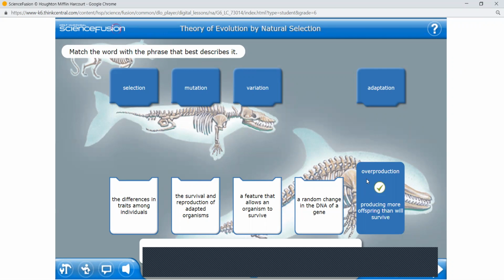Next, a random change in the DNA of a gene. It is a simple random change in the DNA of a gene. Adaptation? Okay, let us read more, then you will know that that is not adaptation. A feature that allows an organism to survive.